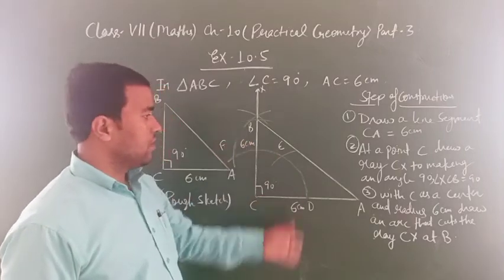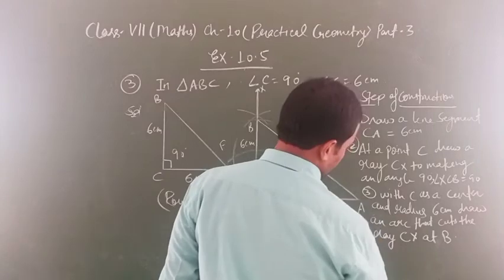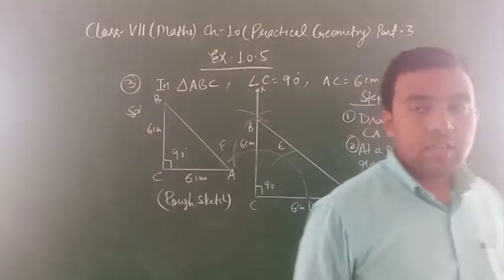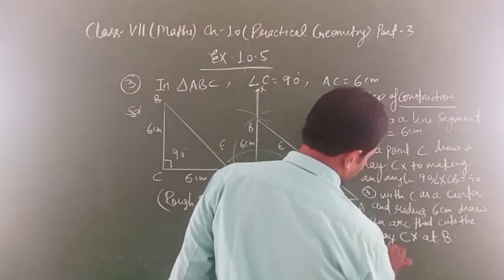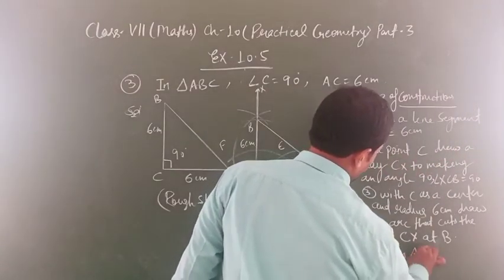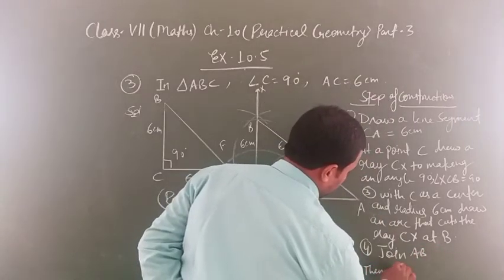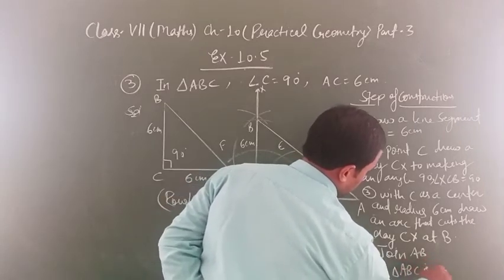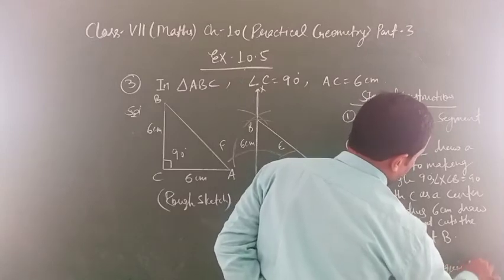And then the required triangle ABC. Fourth step. What we will do? Join AB. Then triangle ABC is the required triangle.